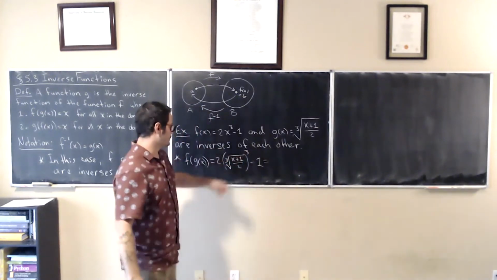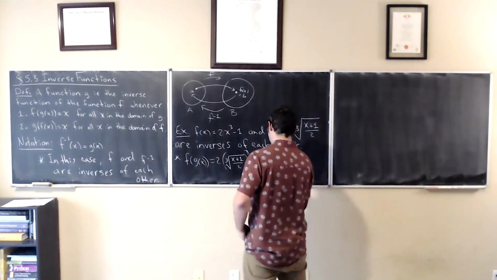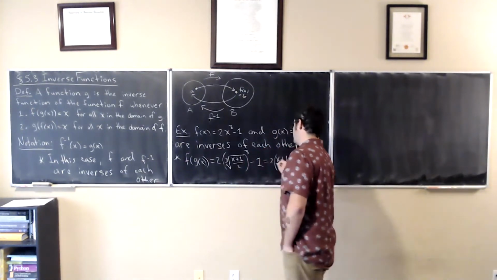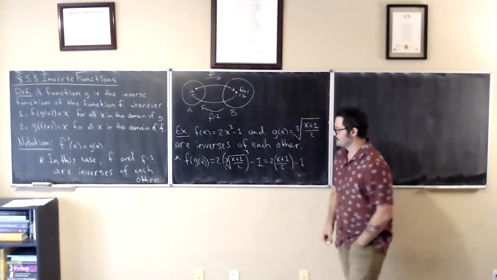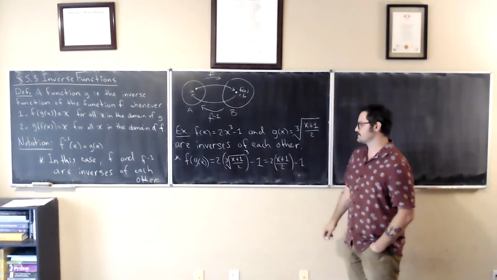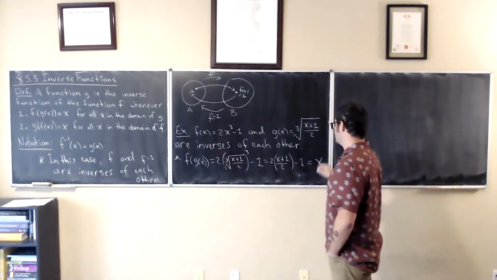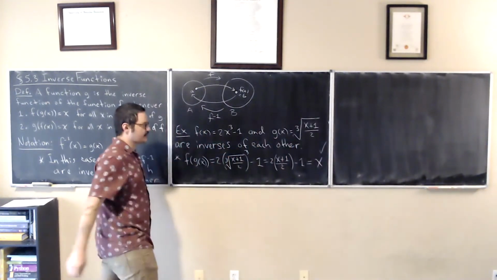The cube of the cube root is just the inside, so we're going to have 2 times (x plus 1) over 2, all minus 1. So then we see that 2 divided by 2 is just 1, x plus 1 minus 1. It does indeed equal x. So yeah, f composed with g equals x.